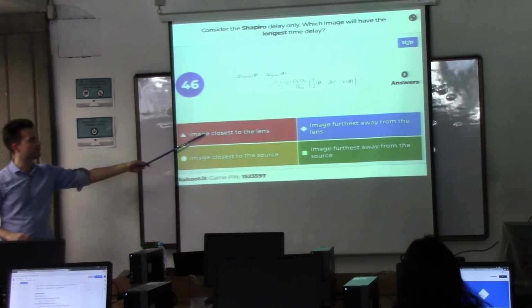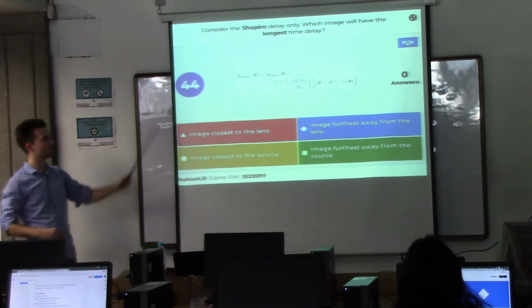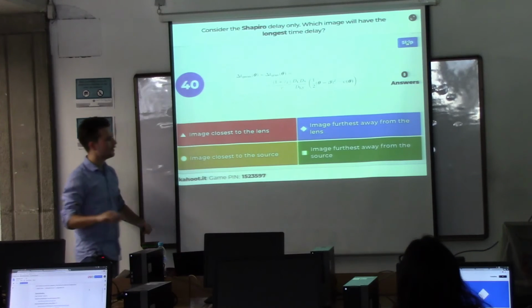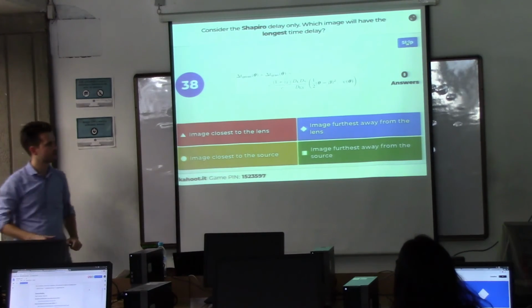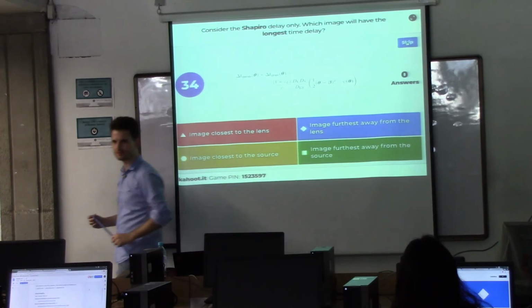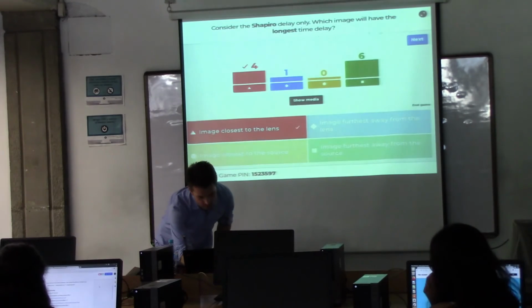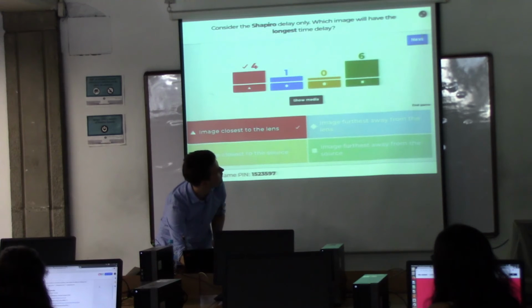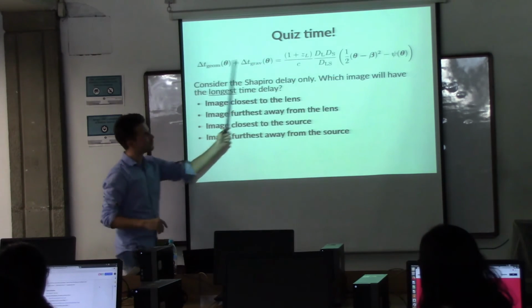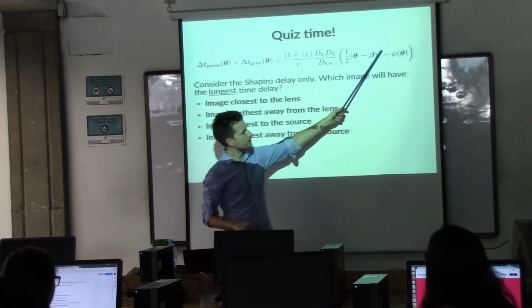Is it going to be the longest for the image that is closest to the lens? The image furthest away from the lens? The image closest to the source? Or the image furthest away from the source?